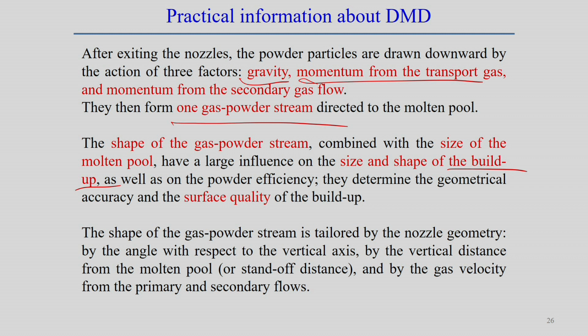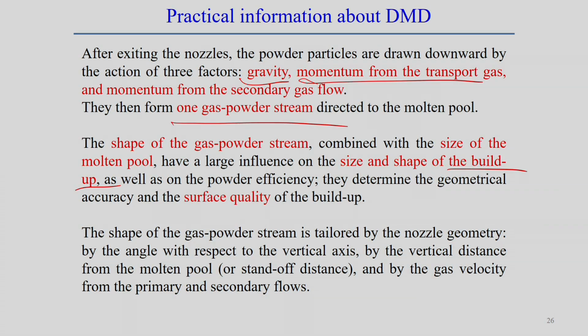Basically, that decides the build up area or size and shape, then width and thickness of the build up area also, as well as the powder efficiency, because if we project the powder beyond the molten pool zone, in most of the cases there is a wastage of this powder without melting. So, therefore, powder efficiency is also important to analyze all this effect, and that actually decides the geometrical accuracy and surface roughness of the build up. So, that is also an important part of the DMD technology.